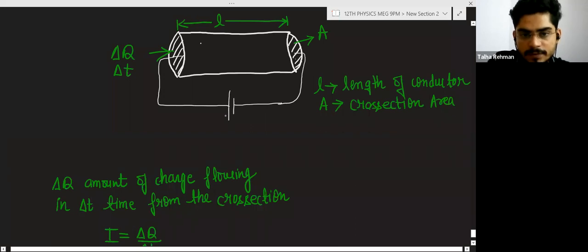See, this conductor is connected with a battery, and now here is the electron, and the electron is moving.